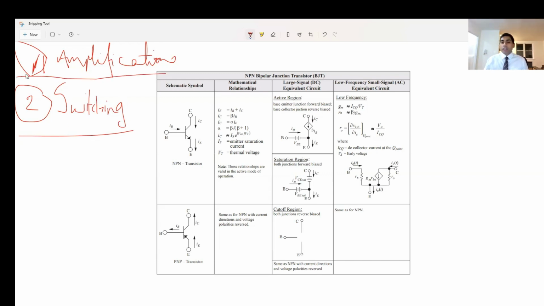So if you're wondering how it is used in amplification, it's very simple. The gain, so it is a current amplification. So BJT is basically a current amplifier.